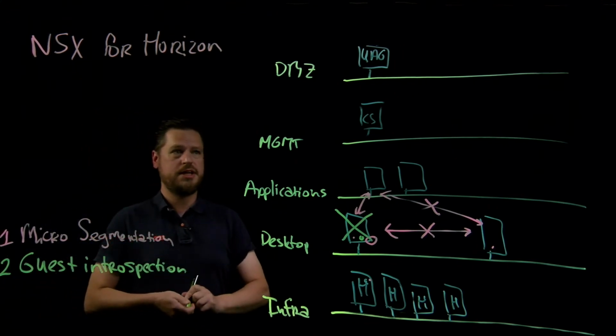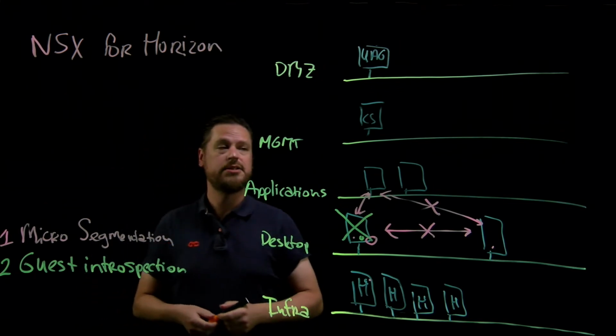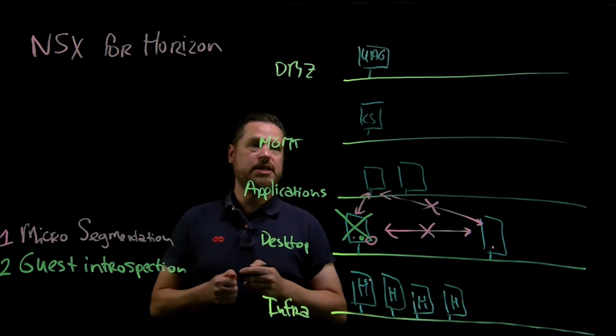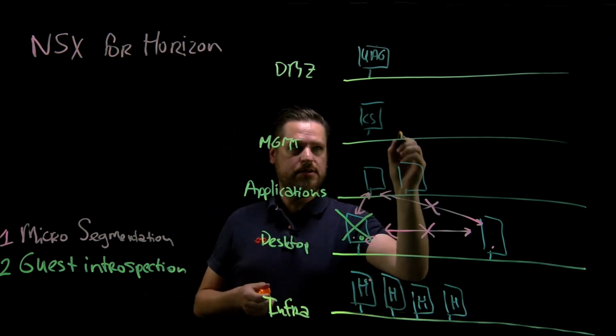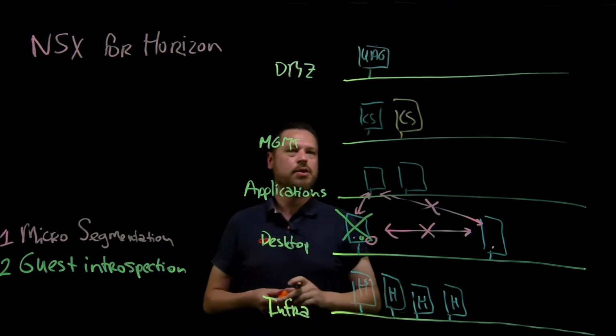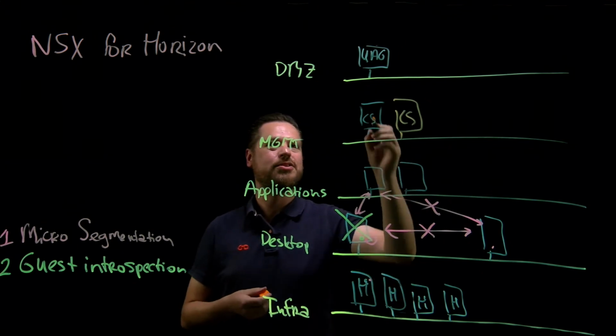A third use case that we can use NSX in combination with the Horizon stack is if we have availability requirements that we need, for example, a second connection server or a third or a fourth, depending on how much user sessions will go through that connection server.